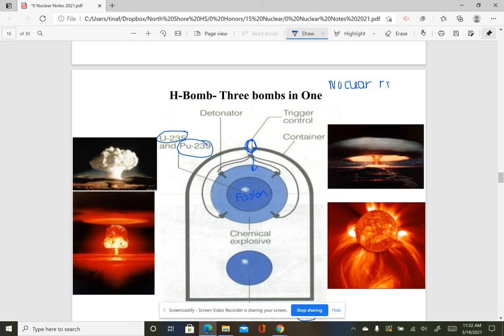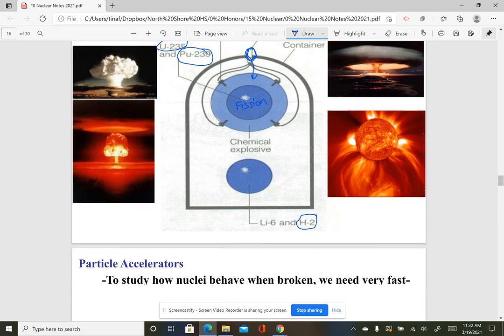So a nuclear reaction releases more energy than a chemical reaction. On the Regents, they'll ask you guys if you can compare the energy released from a fission reaction to a combustion reaction. It's a ridiculous amount more. Okay, so that's something to look at.